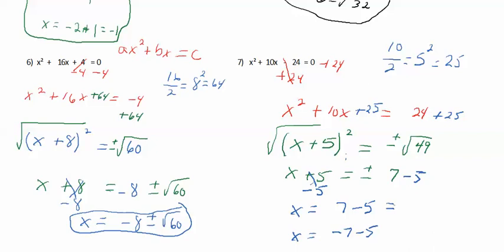So 7 minus 5 is 2, and then I go keep, change, change, so 7, 8, 9, 10, 11, 12, so I have a negative 12 on this side. And this is my answer. Okay, so that was completing the square.